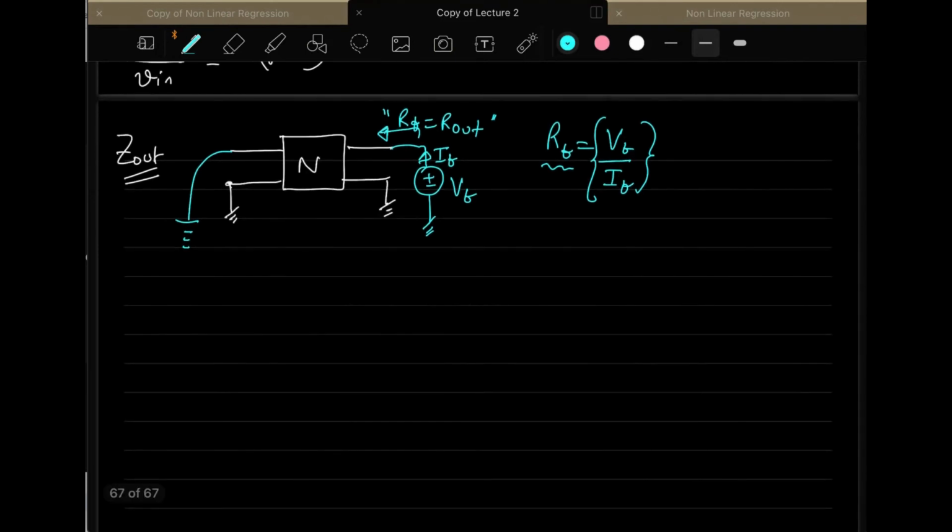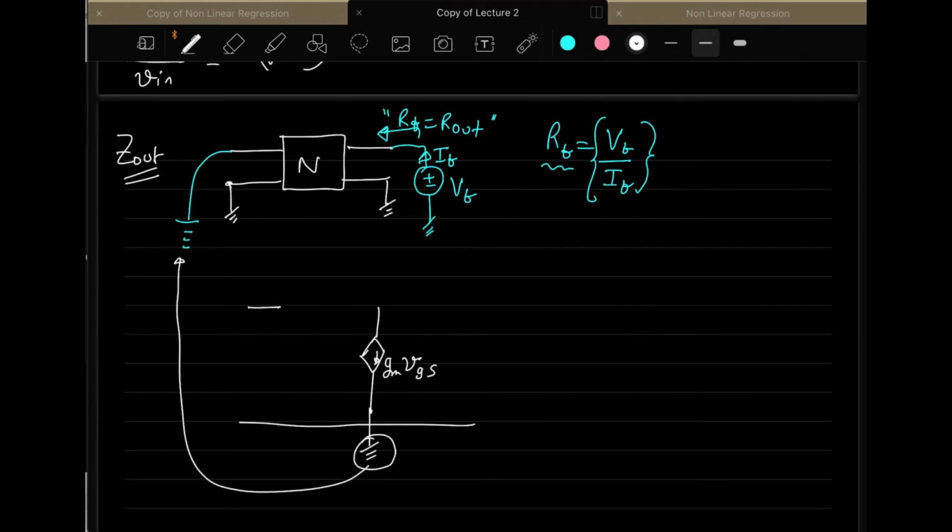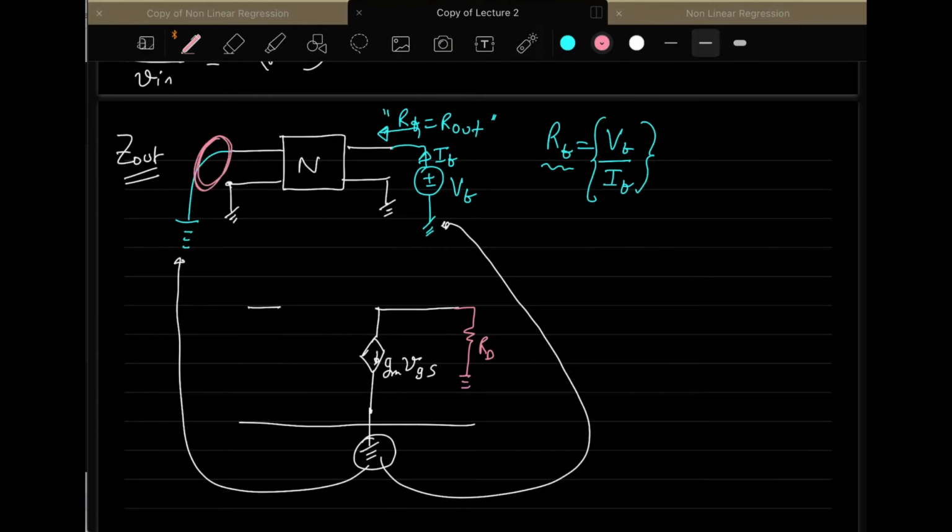So if your network is like this, here you have GM VGS. This is your network. This ground is the same as this ground and this ground, and then you have nothing here, but you have an RD resistor connected like this. And now I am grounding this side, which is the input side.